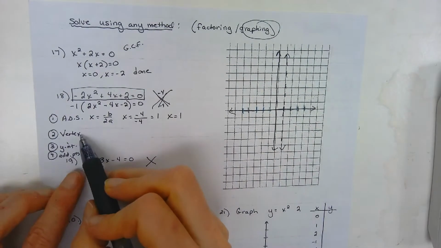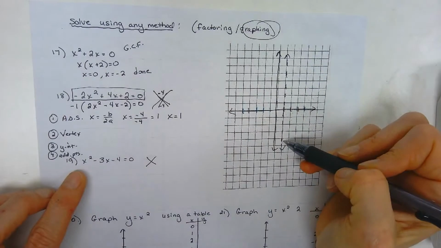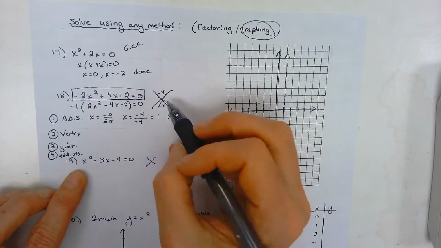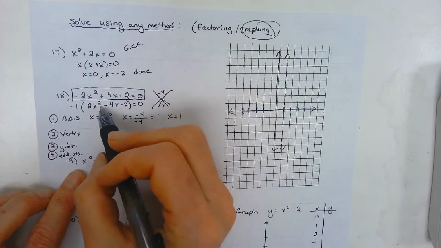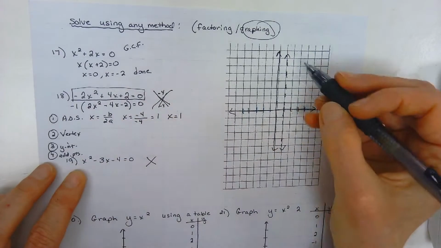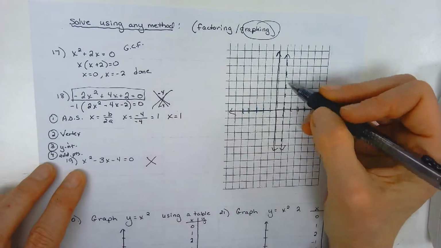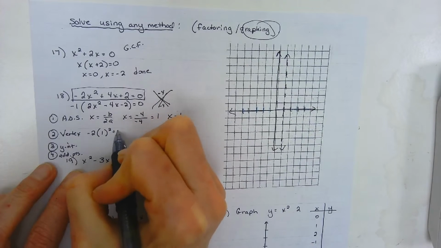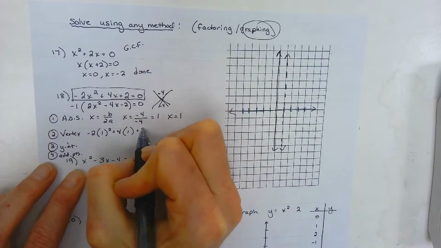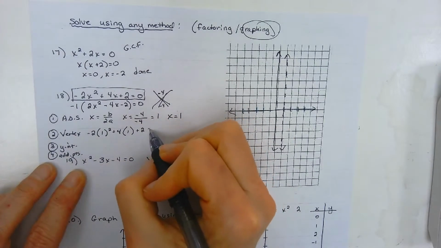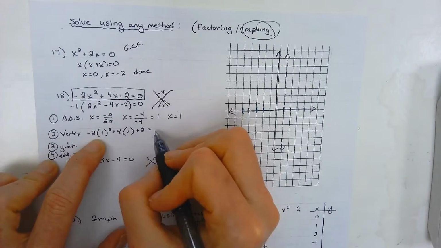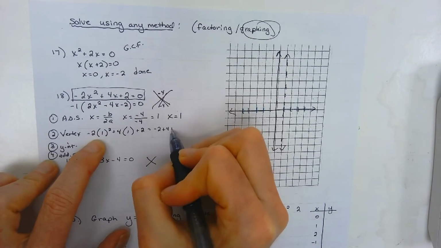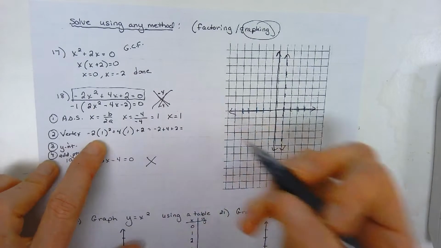Now the vertex is on the axis of symmetry, so x equals 1 can be put into the function to solve for where the y value will be for our vertex. -2 times 1 squared plus 4 times 1 plus 2 equals. That's -2 plus 4 plus 2 is equal to 4.